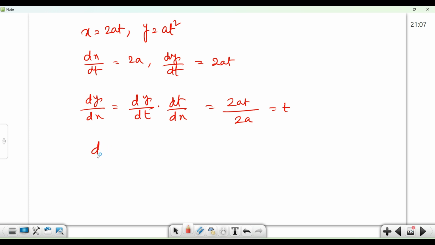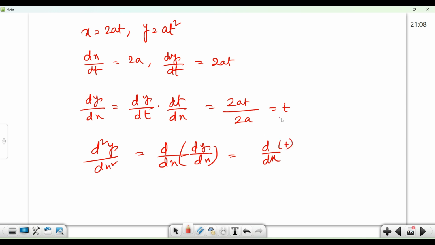Now d square y by dx square is equal to d by dx of dy by dx. So this is equal to d by dx of t, because dy by dx equal to t. So this is 1 by dx by dt, that means 1 by 2a.